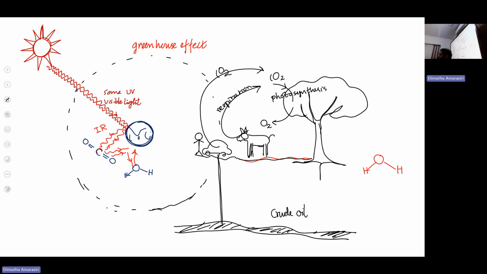Or in simple terms, you can write: when a lot of crude oil is burned, a lot of greenhouse gases will be emitted. These greenhouse gases give an enhanced greenhouse effect. This is called global warming, right?